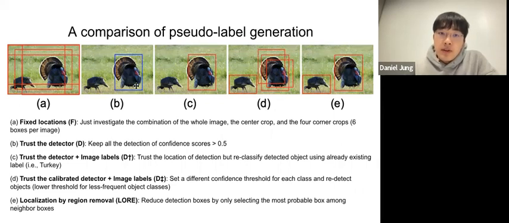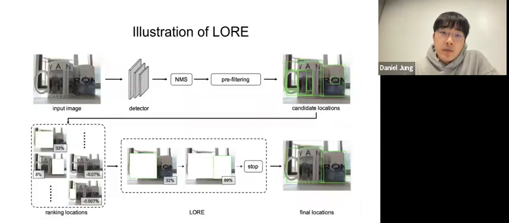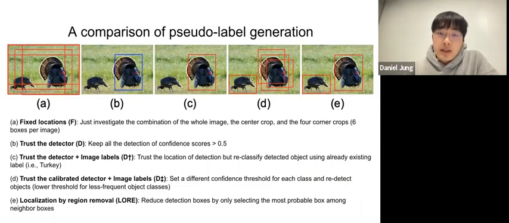So for example, this is a turkey, but when you make the image detector classify this object, it detects it as a bird. It is of course a bird, but we want it to be detected as a turkey. So you're using an image label that was already set by LVIS.